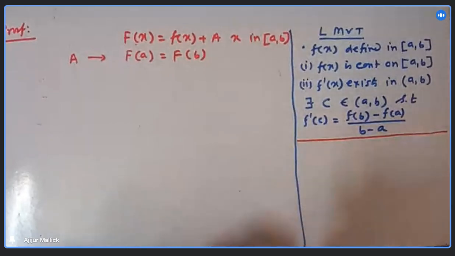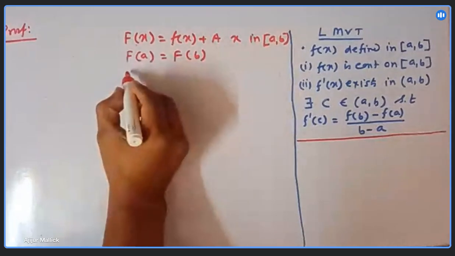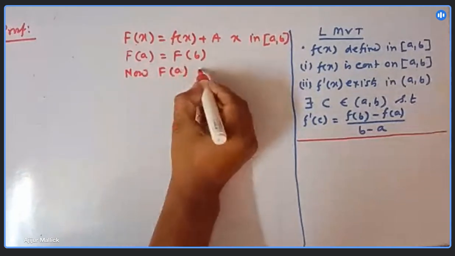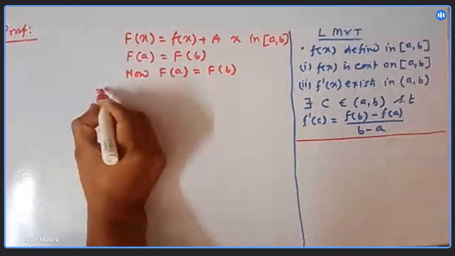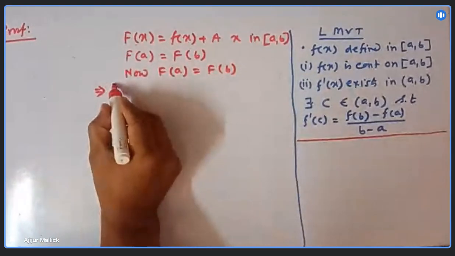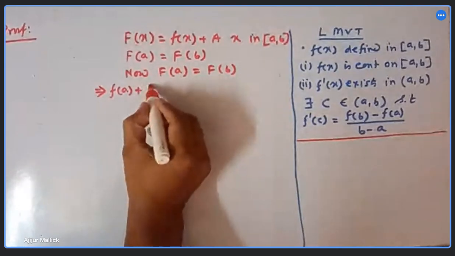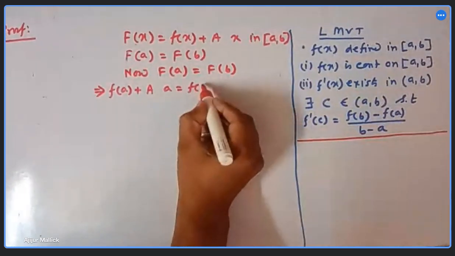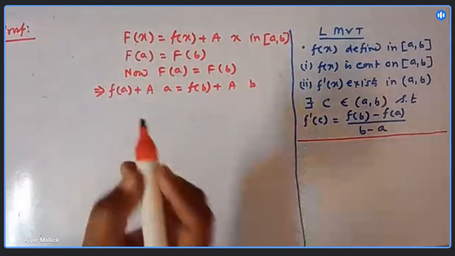Now from this equation we shall find the value of A. Since f(a) is equal to f(b), this implies f(a) plus capital A into a is equal to f(b) plus capital A into b.